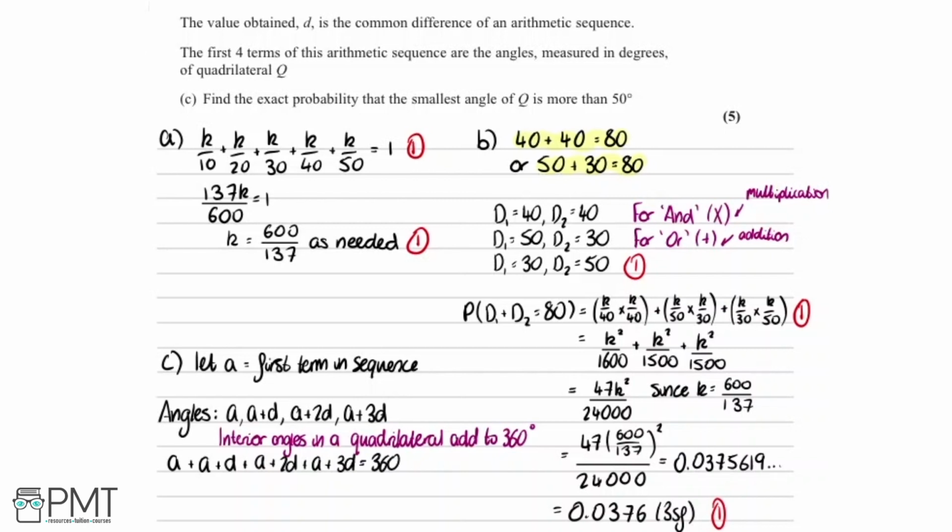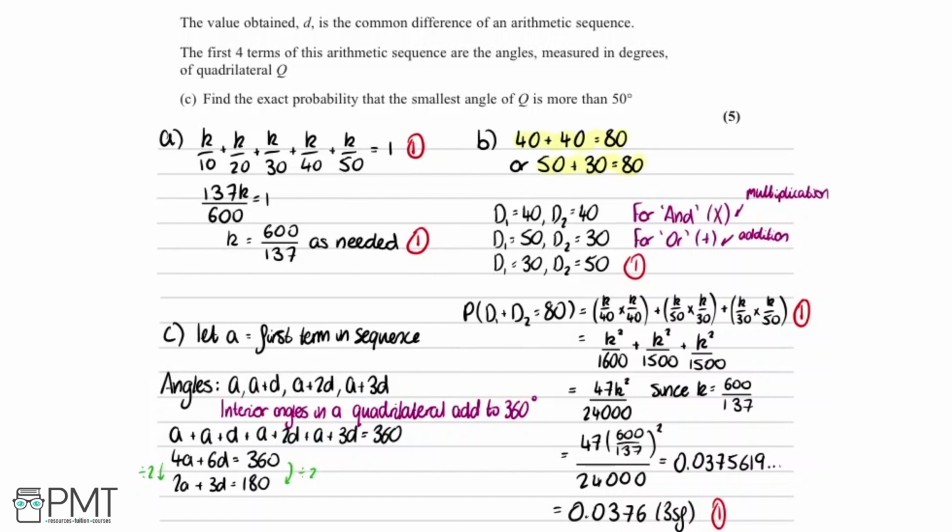Now we can simplify this a bit. We've got 1, 2, 3, 4 A's, so 4A, and D plus 2D plus 3D is 6D. That still equals 360 degrees. We can simplify this further if we divide both sides by 2, so 2A plus 3D equals 180.